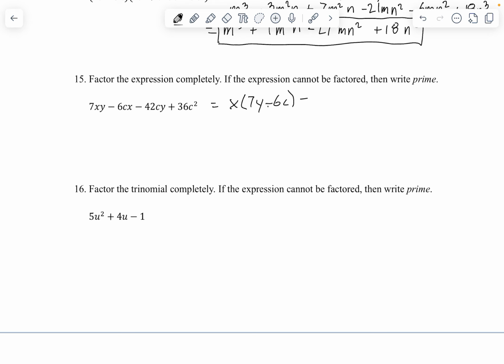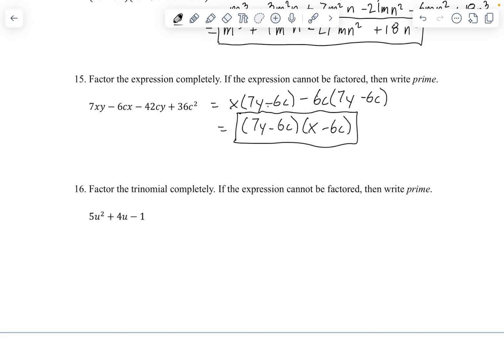From the second two terms, I can pull out a factor of 6c, and that also leaves a 7y minus 6c. Then that factor of 7y minus 6c can also be pulled out. So it leaves me with 7y minus 6c times x minus 6c as my answer.